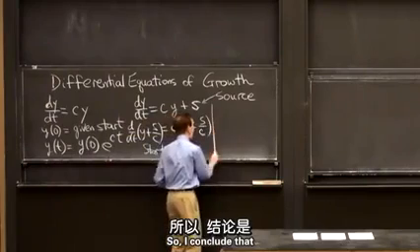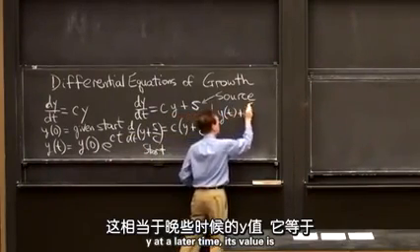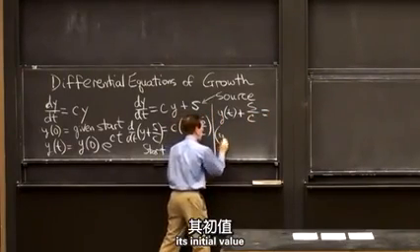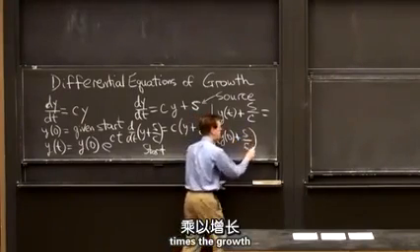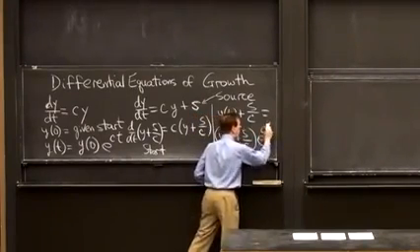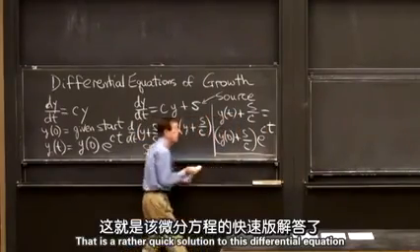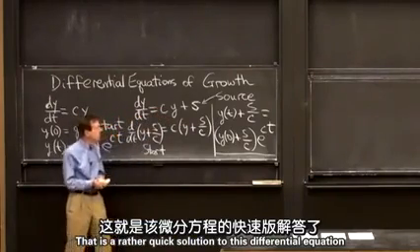So I conclude that y at a later time, its value is its initial value times the growth. That is a rather quick solution to this differential equation.